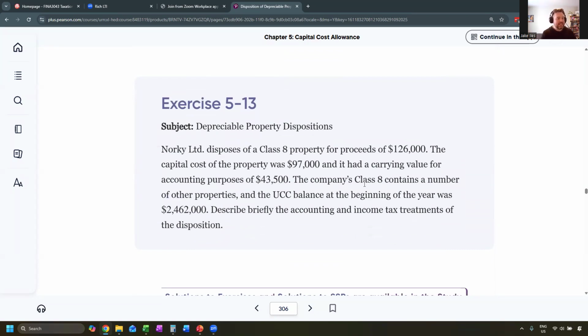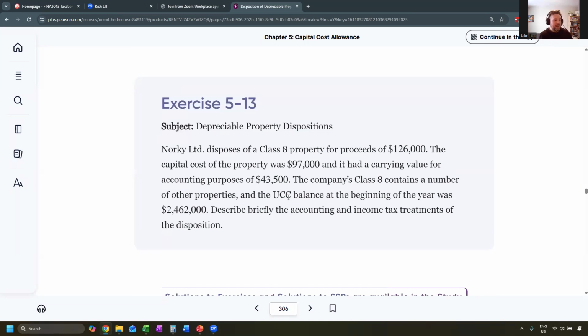The company's Class 8 contains a number of other properties, and the UCC balance at the beginning of the year was 2.462 million. Lots of properties, lots of UCC to deal with. Briefly describe the accounting and income tax treatments of the disposition. I don't want you to worry too much about the accounting side, but let's discuss the tax side.